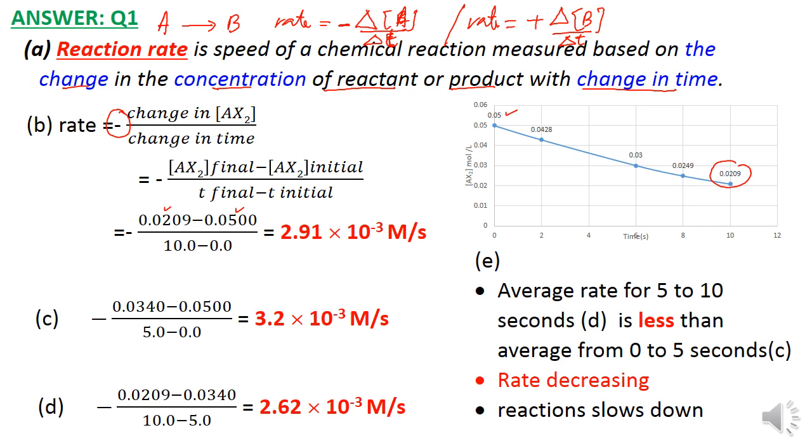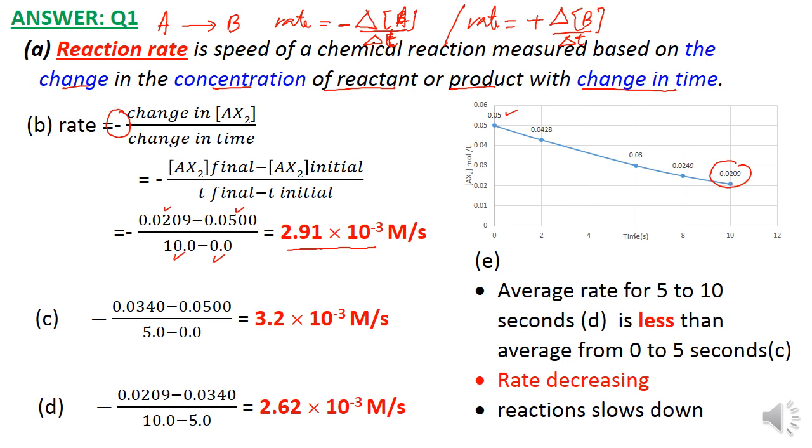So the T final will be 10 and the T initial is 0. Dividing the change in concentration over the change of time gives you the average rate for the entire experiment, and the answer is 2.91 times 10 to the power of minus 3 molar per second.